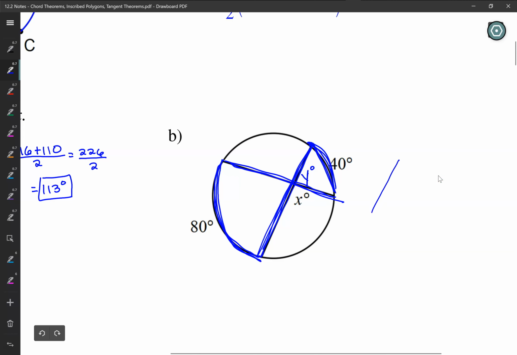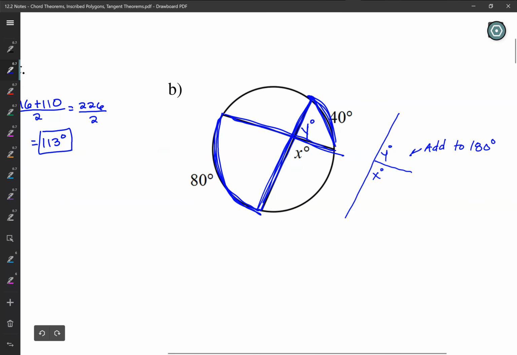If you look at it, they make a straight line, so they have to add to 180 degrees. So I can go ahead and figure out what y is first, and then just subtract from 180 and figure out x.